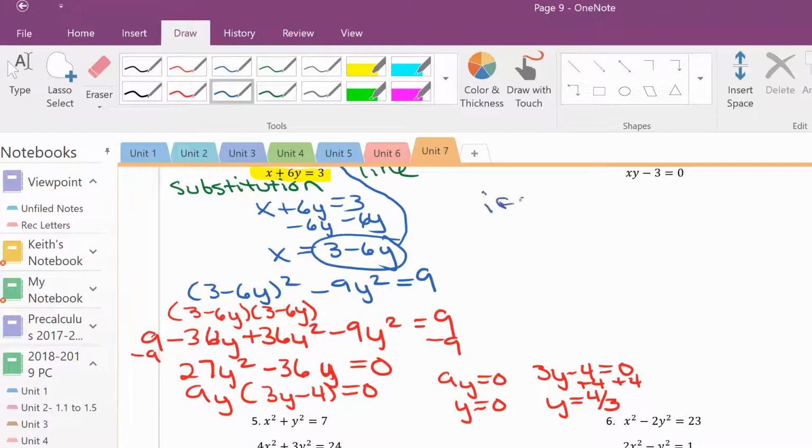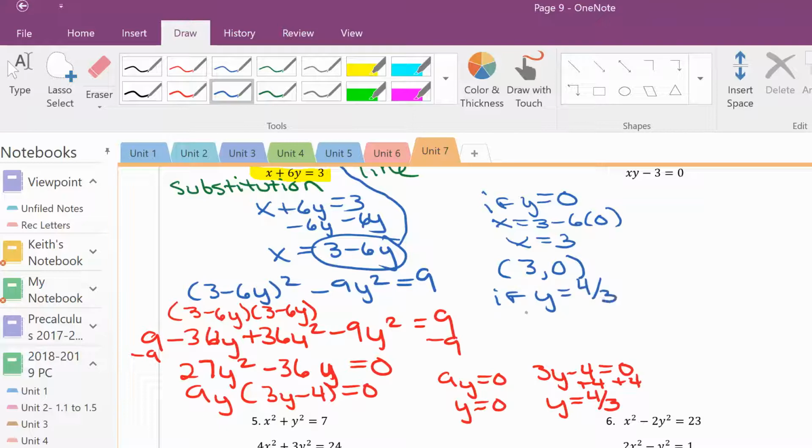So now you have two scenarios. If y equals 0, so you put that 0 in here, so it's x equals 3 minus 6 times 0. So x equals 3. So one answer is x is 3, y is 0. And the other one, if y equals 4/3, so you go x equals 3 minus 6 times 4/3.